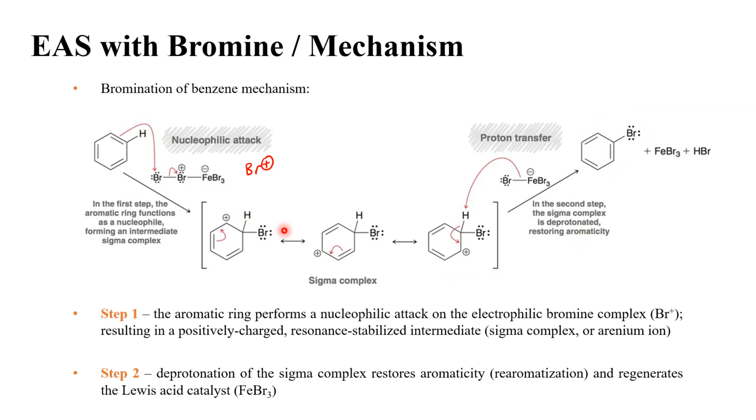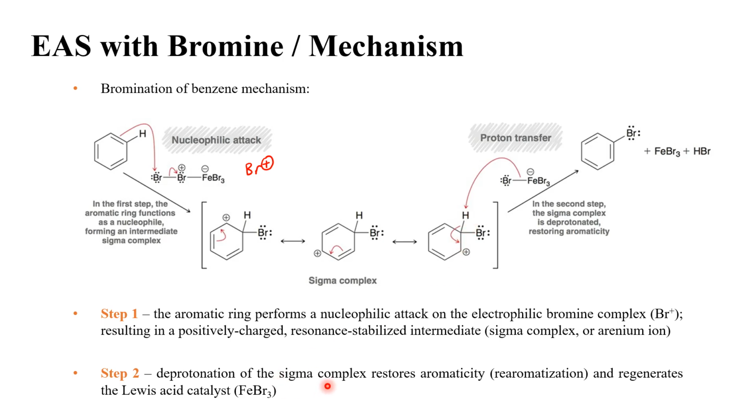So this is a two-step mechanism, guys, of an EAS reaction, electrophilic aromatic substitution. The first step is the aromatic ring performs a nucleophilic attack on the electrophilic bromine complex, the Br+, resulting in a positively charged resonance-stabilized intermediate, which is the sigma complex, and then step 2 is deprotonation, right?